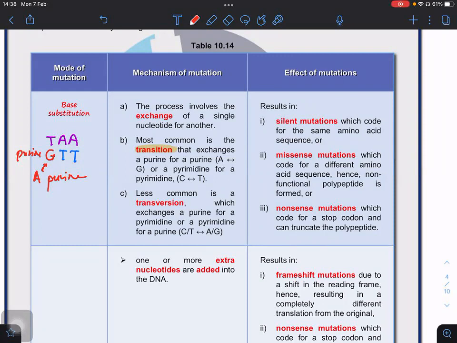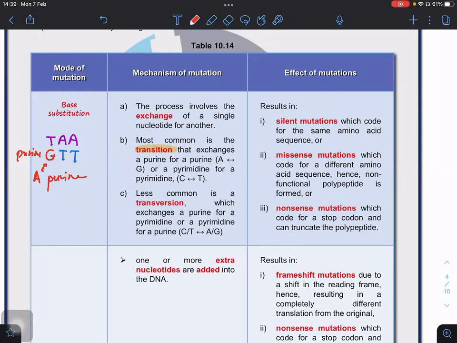Now, sometimes this base substitution may introduce what we call a stop triplet or stop codon. So by right, my polypeptide may be hundreds of amino acids long, but at, let's say, amino acid 21, a mutation introduced a DNA triplet which codes for stop.